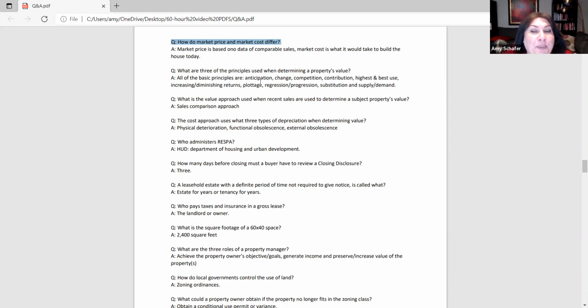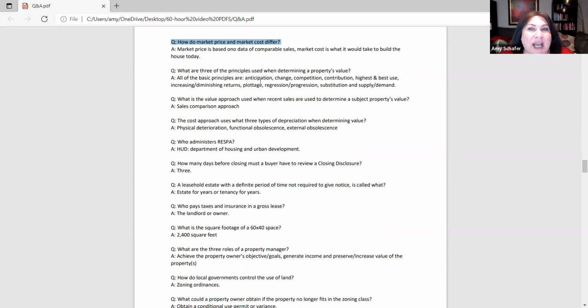Regression and progression. My best way of describing this is there is a sliding scale between size and condition. So let's say we've got two homes priced for $200,000. Each of them is priced for 200 grand. One has 3,000 square feet and one has 1,000 square feet.